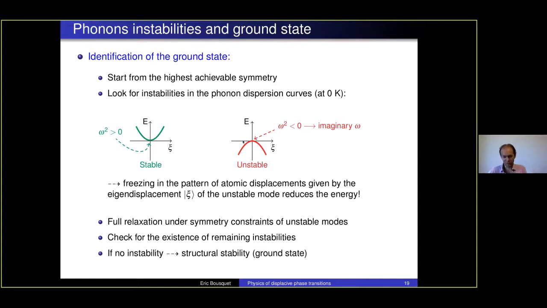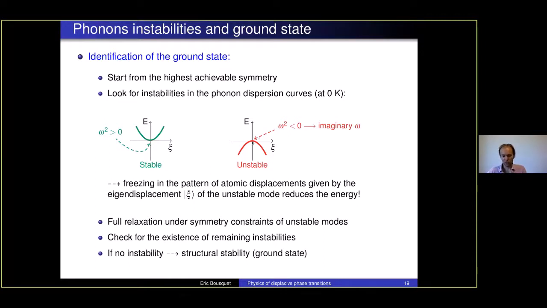However, if you have an instability, it means you have a pattern of atomic displacement that can reduce the energy of the system, so you can go lower in energy than the cubic phase in the case of barium titanate. You identify it because you find an imaginary phonon frequency, since this pattern of atomic displacement is associated with the negative curvature of the energy because you can lower the energy.